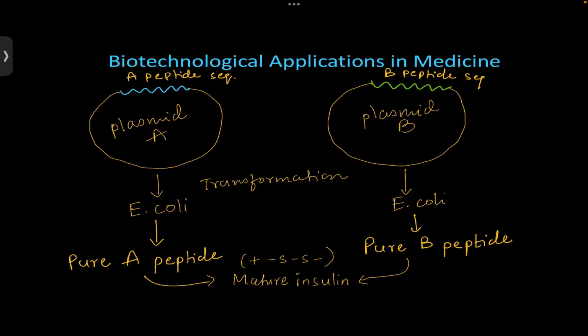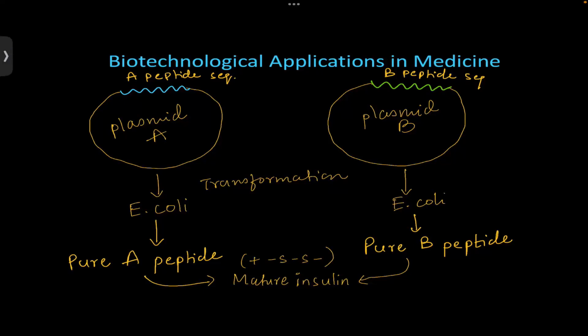These plasmids were transformed into E. coli cells. This is called gene cloning, and they ultimately expressed peptides A and B in two groups of E. coli cells, and got pure A peptide and pure B peptide separately.